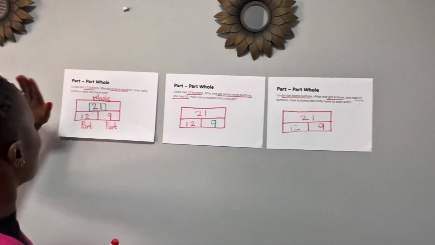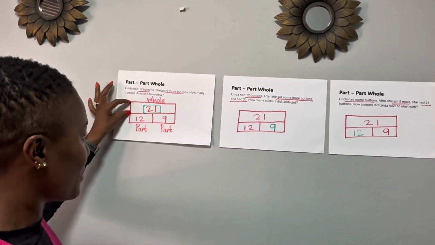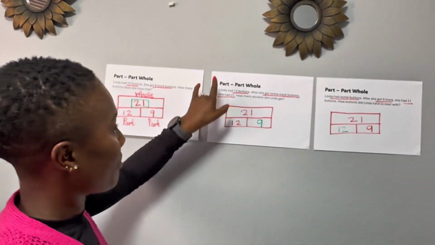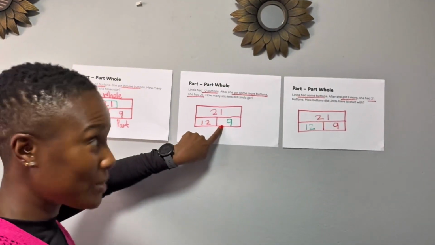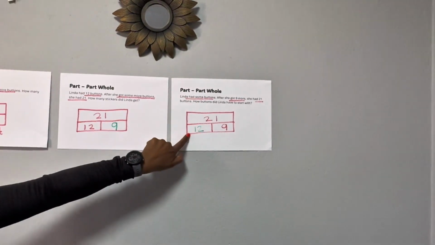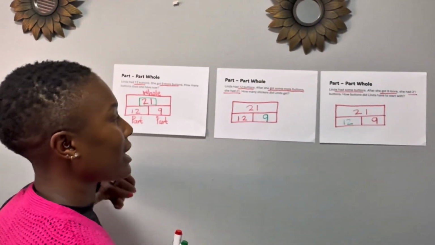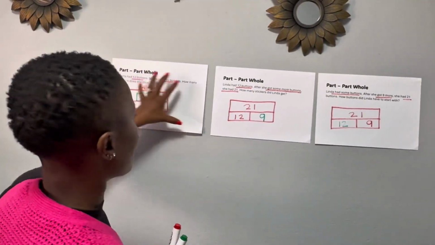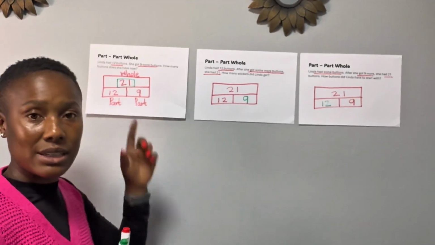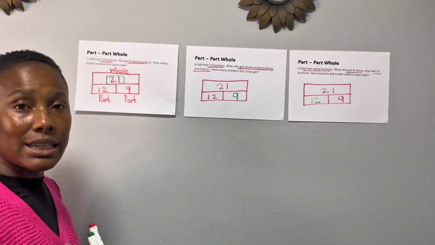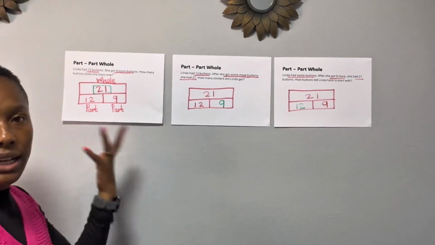So this is part whole, whole unknown, part whole, change unknown, part whole, start is unknown. Whether a child can solve it this way using a part whole, or using the previous number sentences that I was using in the previous video, it's still correct.